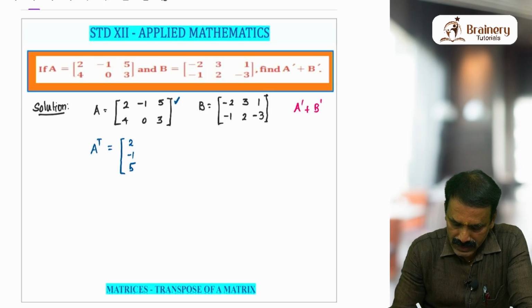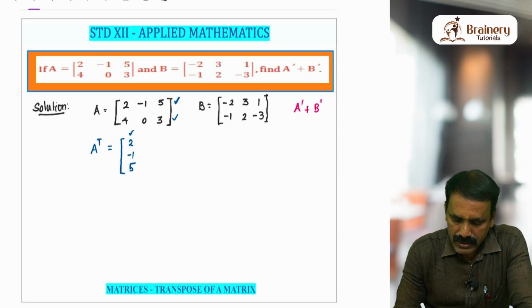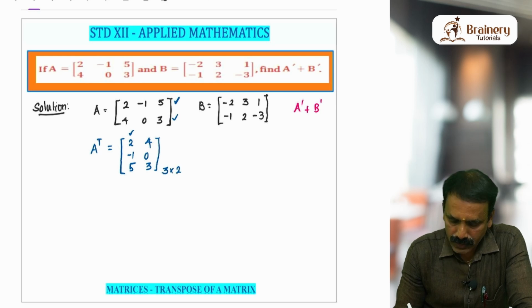The first row is written as the first column. Next, the second row. What is the second row? 4 0 3. 4 0 3 is now written as the second column. Now what is the order of this matrix? It is going to contain 3 rows and 2 columns, so it is 3 by 2.